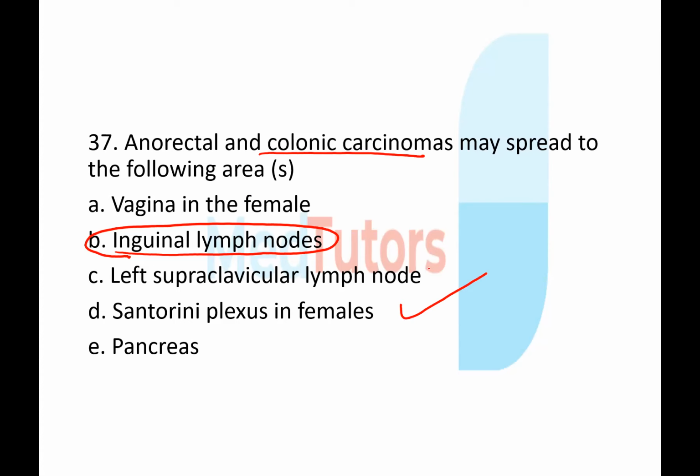Now, you should know that there is what is called Virchow's node. When there is left supraclavicular lymphadenopathy, an intra-abdominal malignancy is spreading to the junction where the thoracic duct enters the jugular vein, the junction of the internal jugular vein and the left subclavian vein.